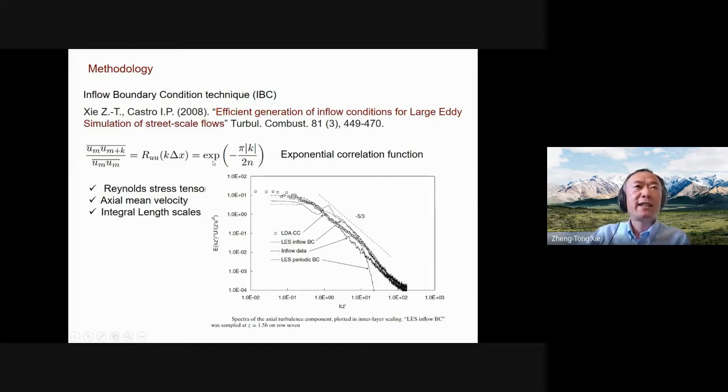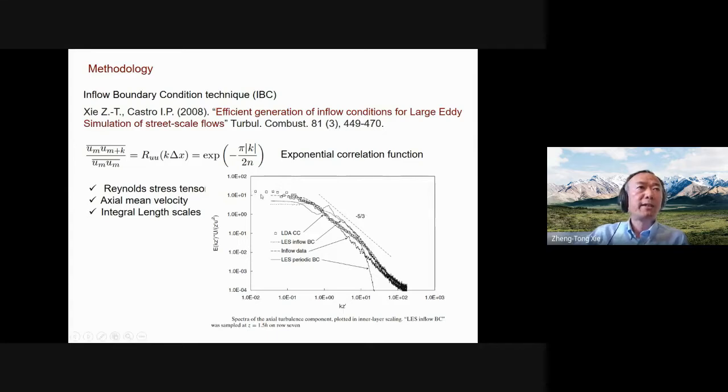From that, you can mathematically derive the inertial subrange in the spectra, the -5/3. So this is quite lucky, and it is naturally produced by this exponential correlation function. And it is quite efficient.